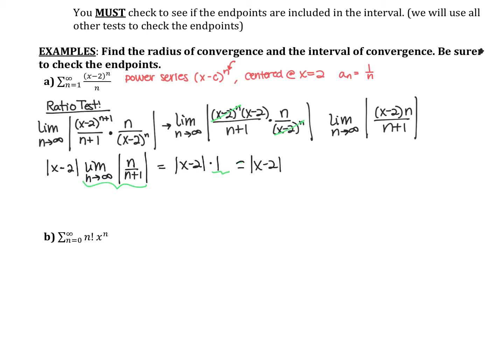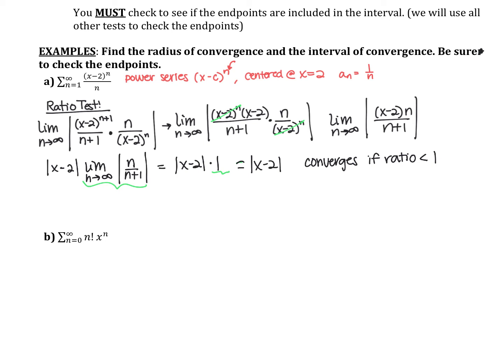Okay, let's go back to that ratio test. When does it say the ratio test converges? Remember, it says that the ratio test converges if the ratio is less than 1. Well, that gives us a problem.